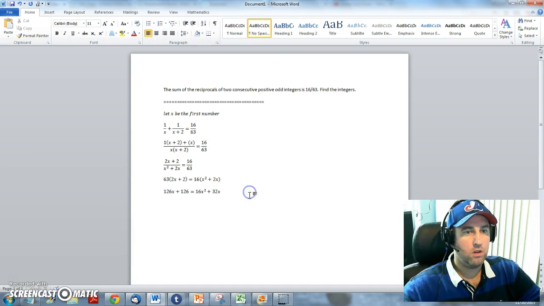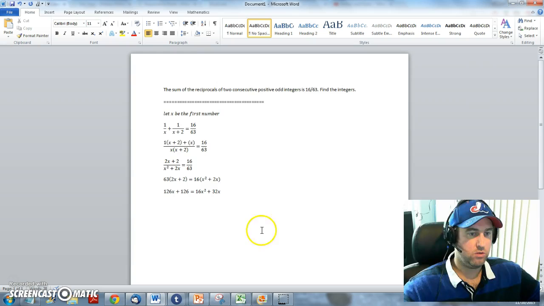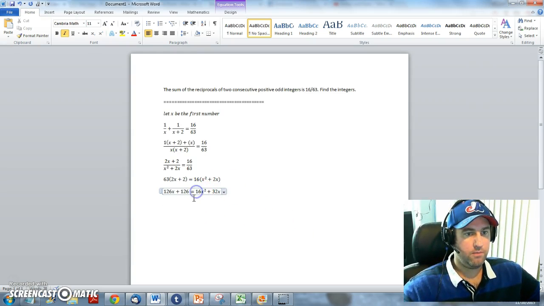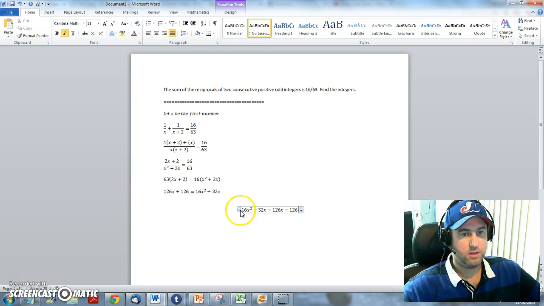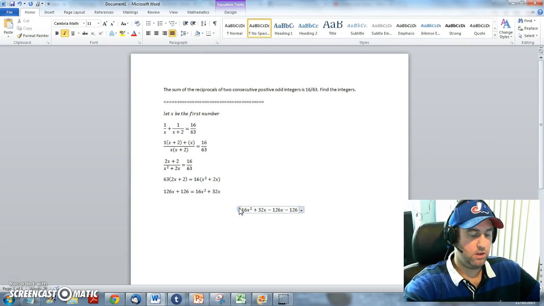Okay, so next what I'm going to do is get everything over to one side here. So I'm going to bring the two terms on the left over. If I do that, it's going to become minus 126x minus 126, and that makes this side here 0.